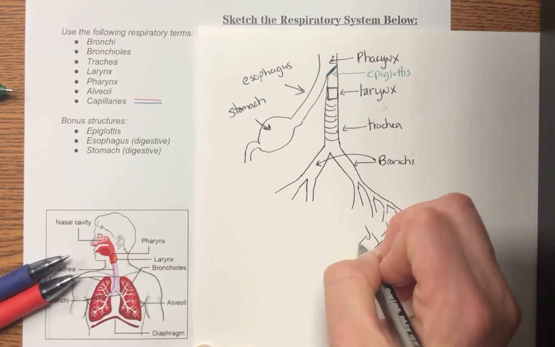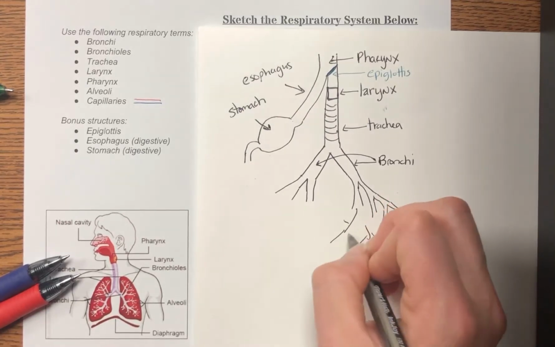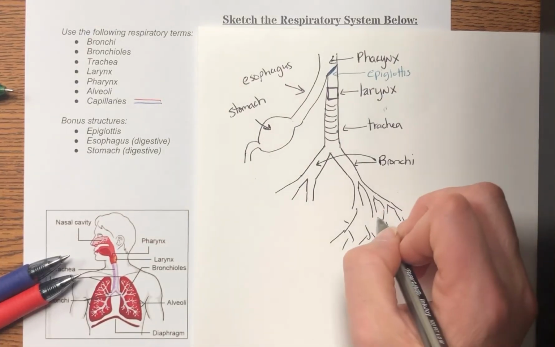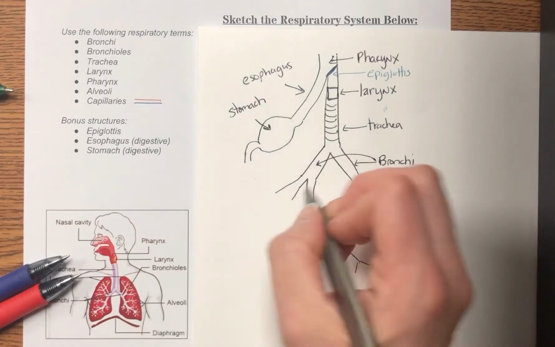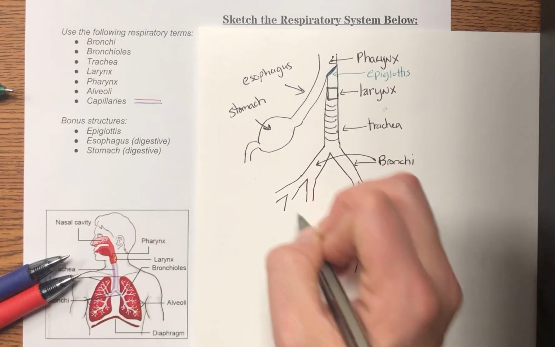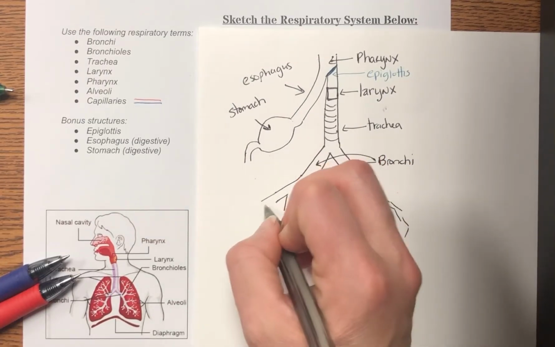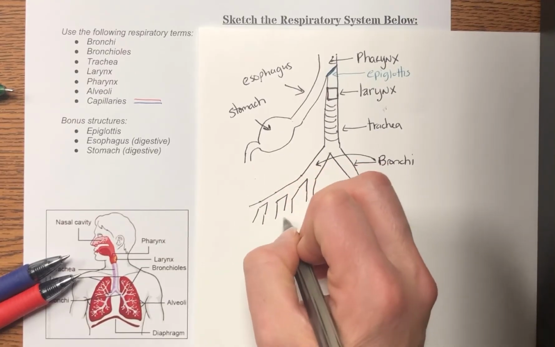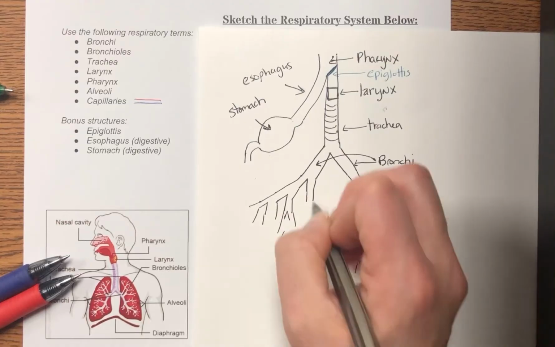Like I said, this is very exaggerated. Doesn't have to be perfect. You get the idea of the branches. And we'll do that on this side too. You don't have to be the best artist.